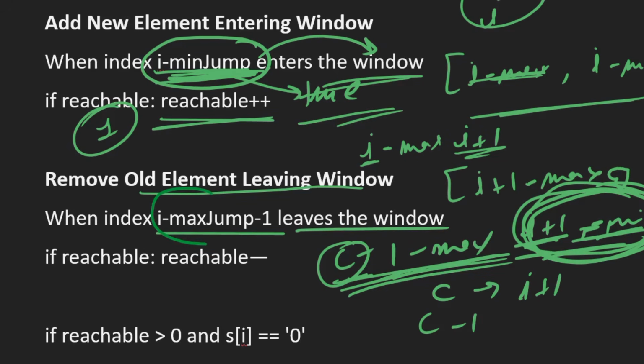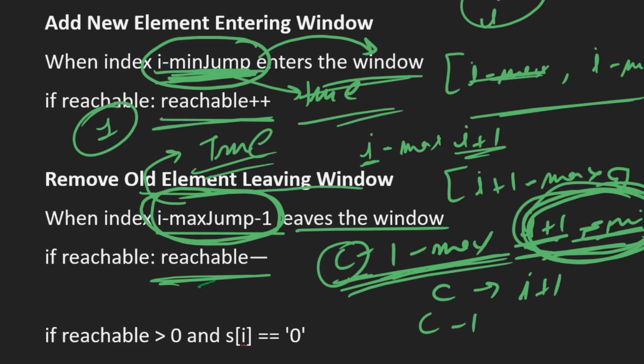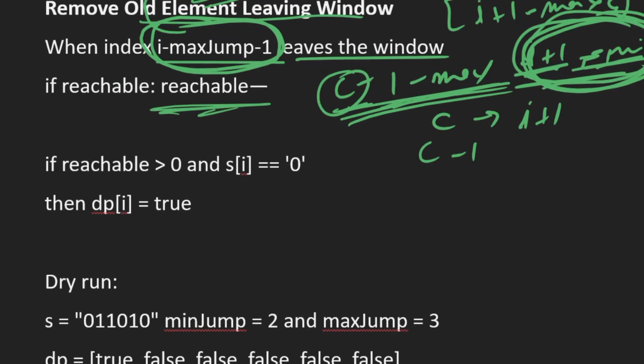So if this variable was reachable, that means the dp value of this variable was true, then we reduce our reachable by 1. And now if we have to check for index I, then we check if reachable value is 0.